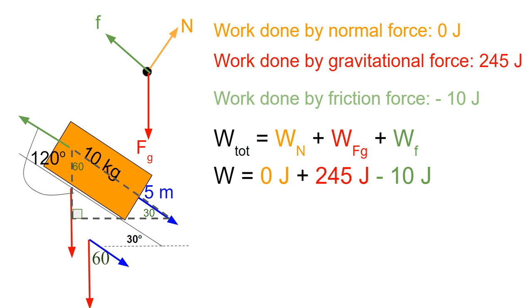But do pay attention, the work done by the friction force is a negative number, because the angle between the force applied and the direction in which this object is moving is greater than 90 degrees. As soon as that angle is greater than 90 degrees, your work will become a negative number. And if I do that calculation, 245 minus 10 gives me 235 joule.